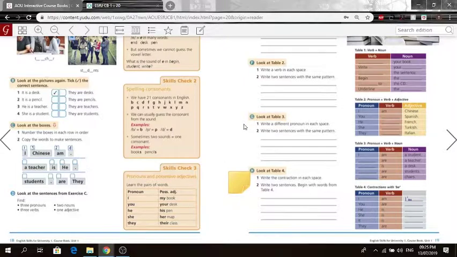Exercise G, look at table 3. Now he wants us to add in the pronoun plus verb, and he got the verb in plus noun. So, are means plural or you. The noun is obviously not a plural. That is why I said always go back to the last part of the sentence, so you can check if a noun is plural or not. A teacher is not plural, so we're automatically going to use you.